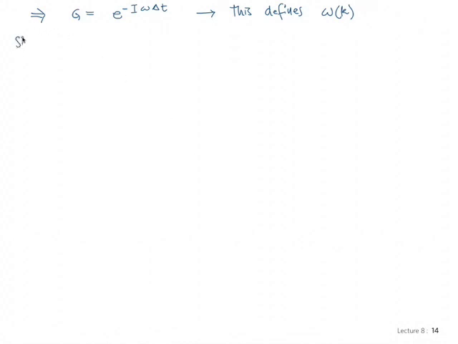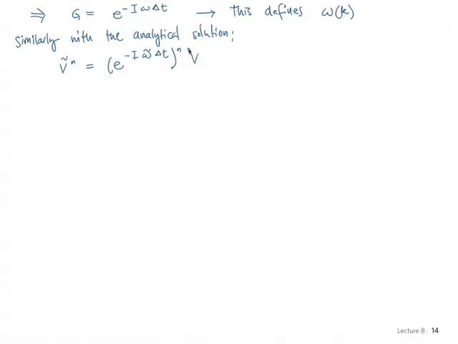Similarly, we can do the same, but using the analytical solution. And so V wiggle n is equal to e to the minus I omega wiggle, the exact one, delta t to the power n times this V hat, the initial condition.